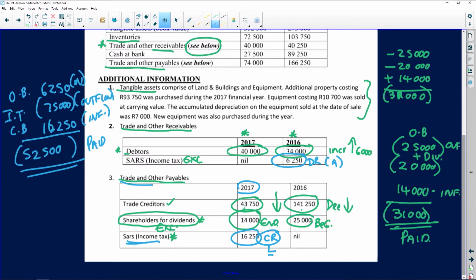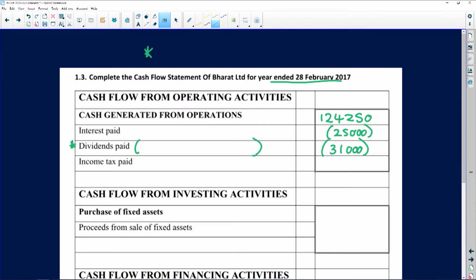So 52,500. Okay, right, so that's how much of income tax we ended up paying the receiver of revenue, an amount of 52,500. And remember, it's got to be in brackets because that money would have left our bank account.